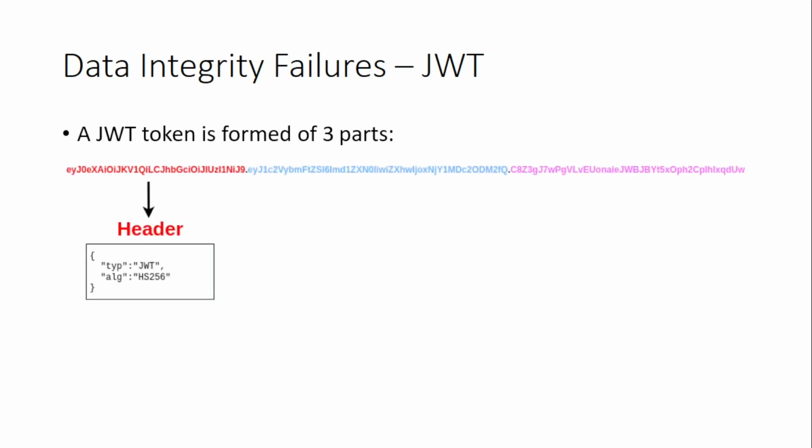The header, that contains metadata indicating that it is a JSON Web Token, and that the signing algorithm that is used is HS256. Then there is the payload, which contains the key-value pairs with the data that the web application wants the client to store.